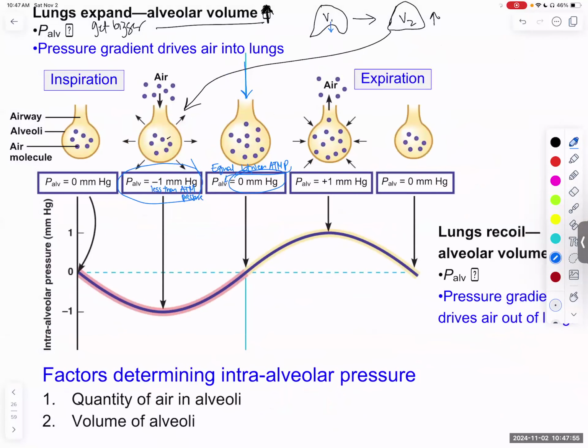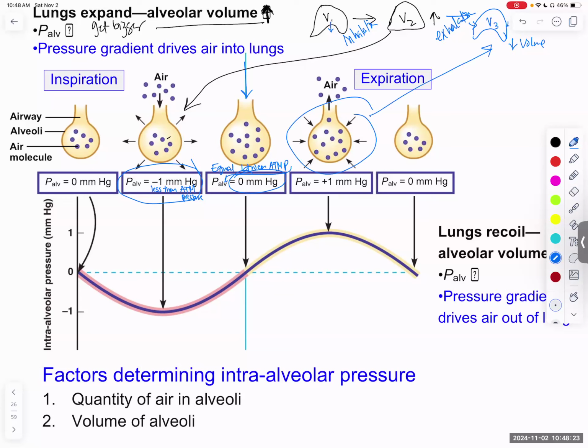If we expand the ribs, right, this is inhalation. For exhalation, we relax the diaphragm. And so now we've decreased the volume. And if we're also using our internal intercostal muscles, it's pushing in.